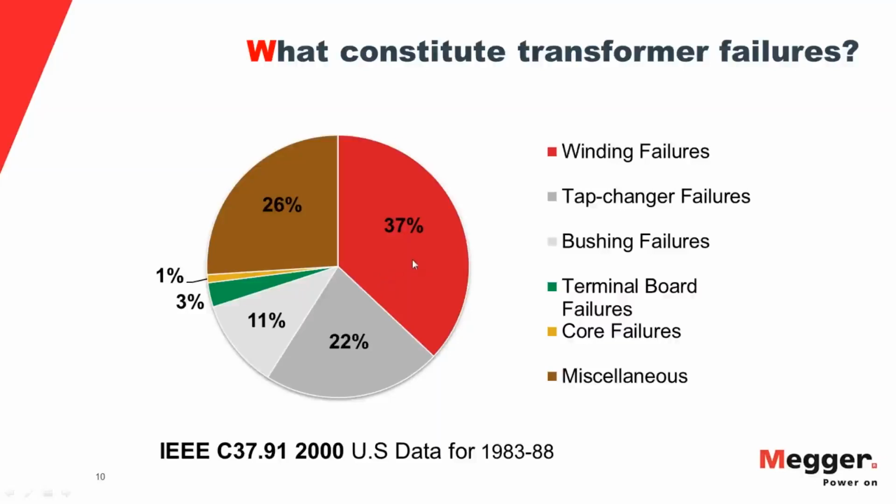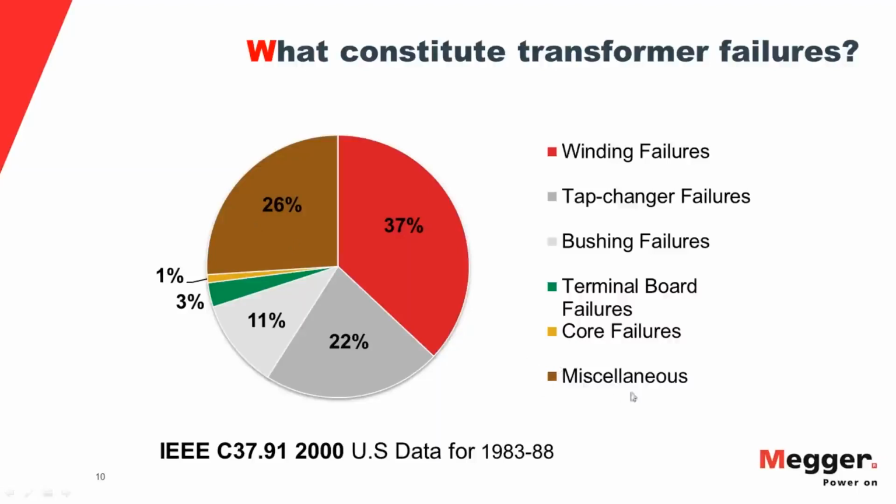Now, 26% of the transformer failures were due to miscellaneous issues. Under this miscellaneous category fall problems due to CTs, oil contamination in the transformer, and oil leakage issues.